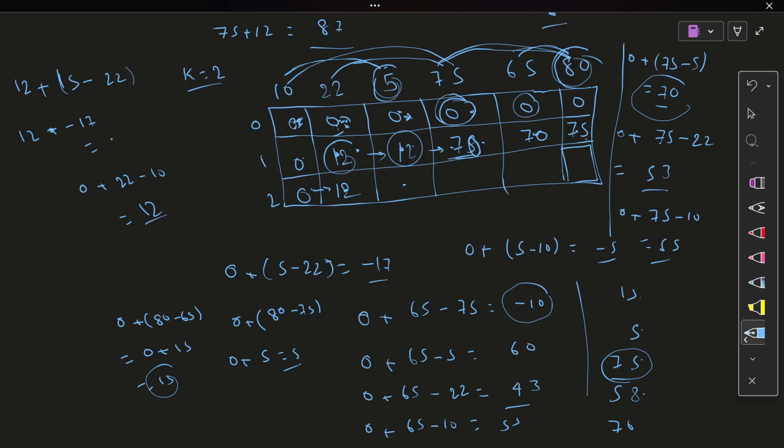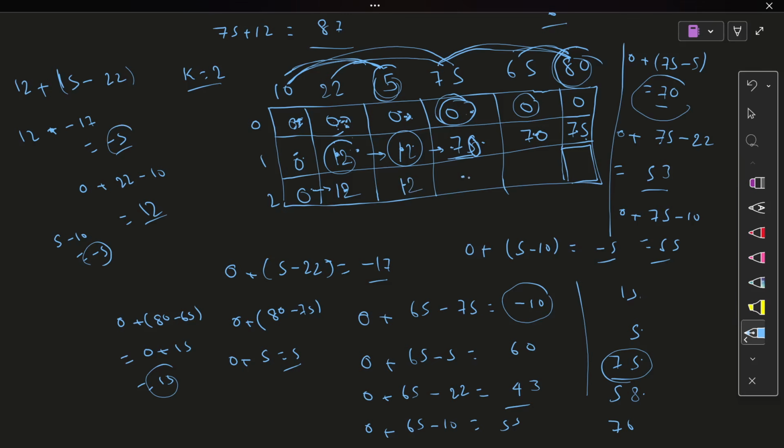How much? Minus 5. This one will give minus 5. For here, this one, 0 plus 5 minus 10. Minus 5. Minus 5 and 12. Maximum profit is 12.